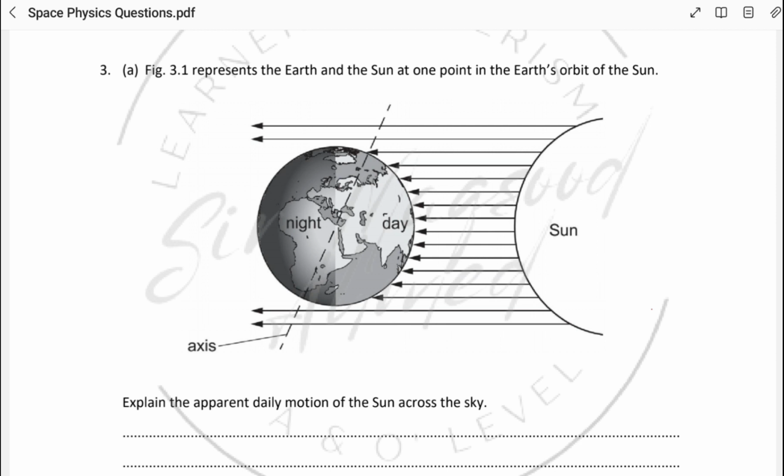As the Earth spins on the different part of the Earth, there is a daylight, but the other part of the Earth are in darkness. This creates an illusion that Sun is moving from east to west in a day.